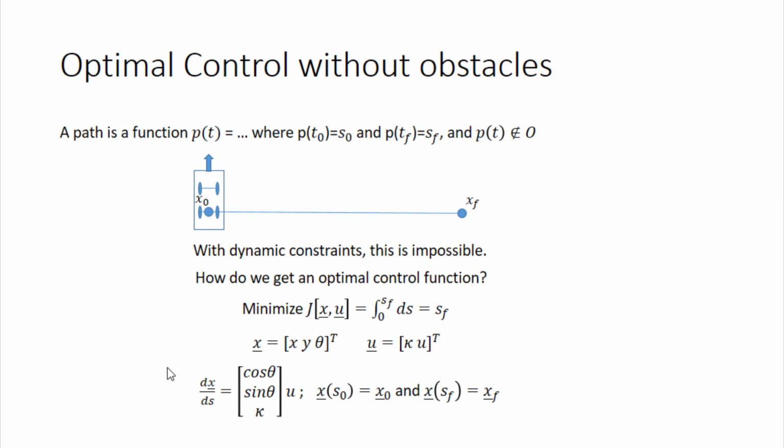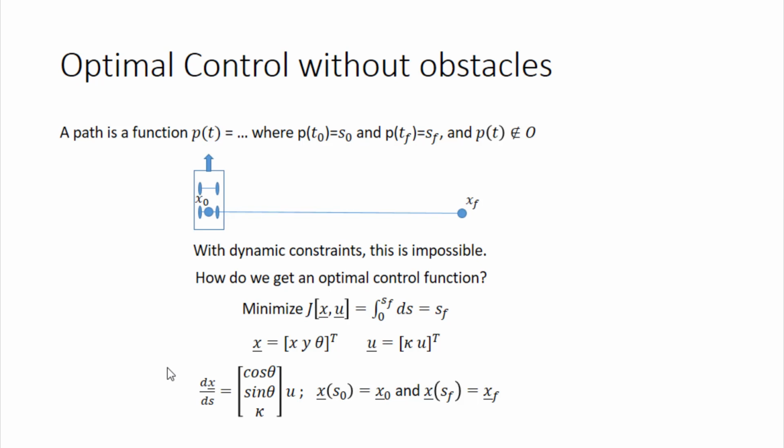If you recall from the equations that we had last time, this is the way that we're calculating the overall velocity, or the way that the position changes. X bar of S0 is equal to the initial configuration, so the initial x, y, theta, and then as we get to the final one, we have the final configuration here.